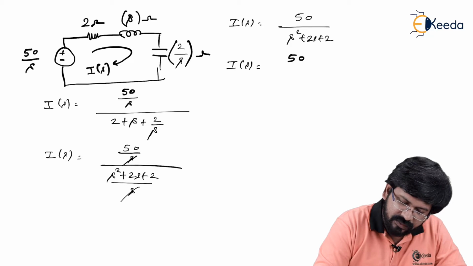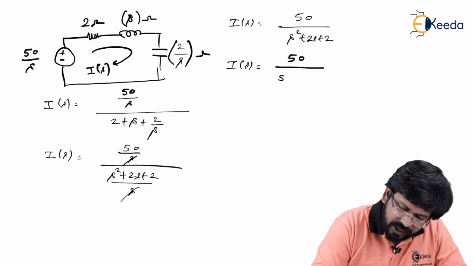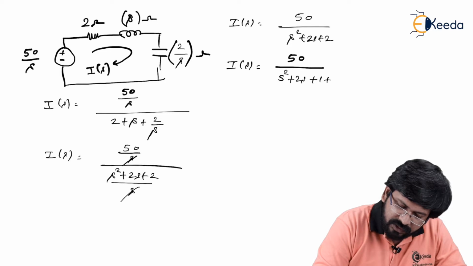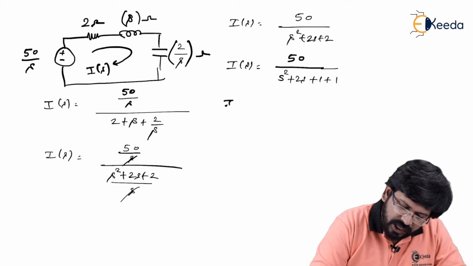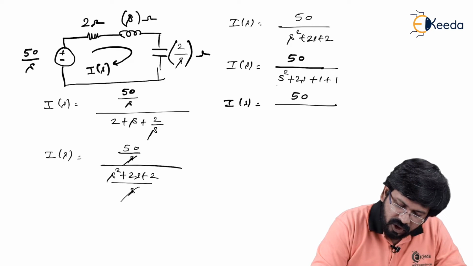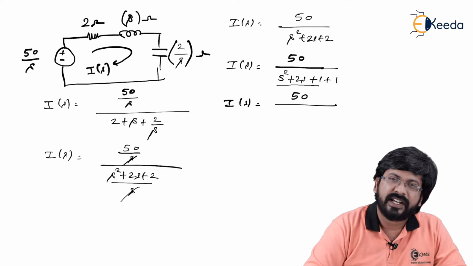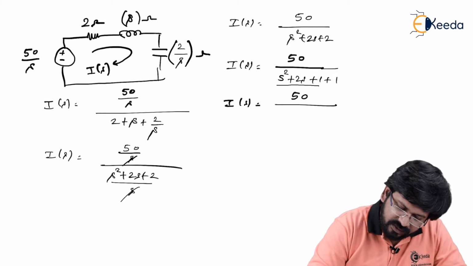I'll keep the denominator same, which is 50 divided by s square plus 2s, and I can write 2 as 1 plus 1. I'm doing this just to make a perfect square as the denominator. So I(s) I can write 50 upon... Observe this. Can I write s square plus 2s plus 1 as (s plus 1) the whole square?